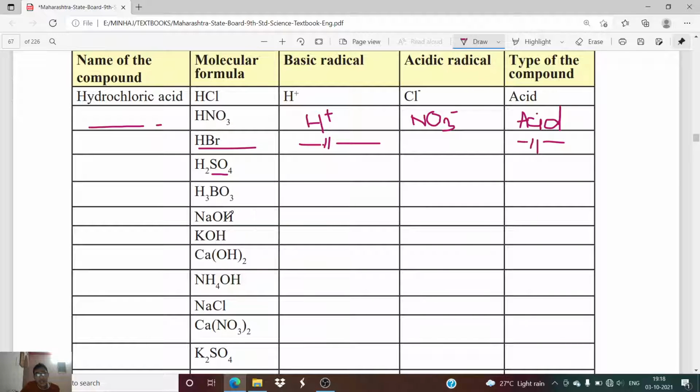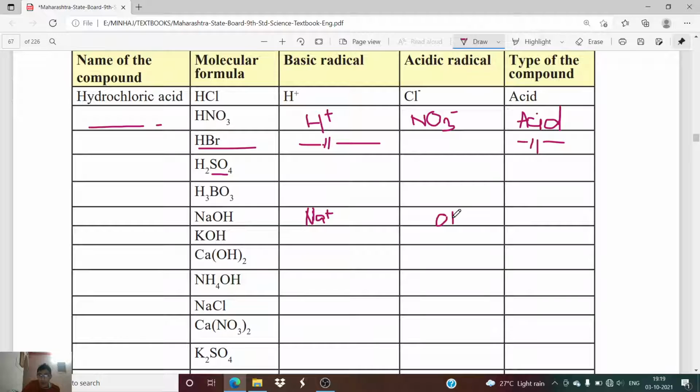Next you can see NaOH, sodium hydroxide. What is the name of the compound? Sodium hydroxide. The basic radical here is Na plus, and OH minus is the acidic radical.